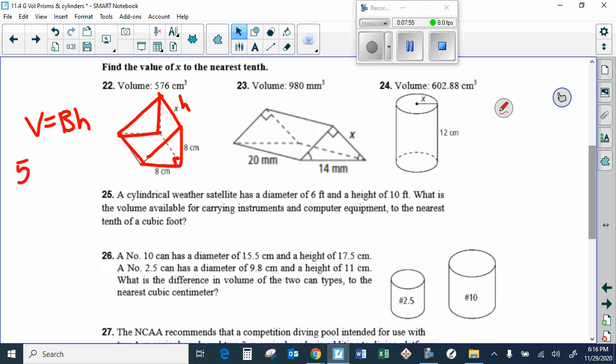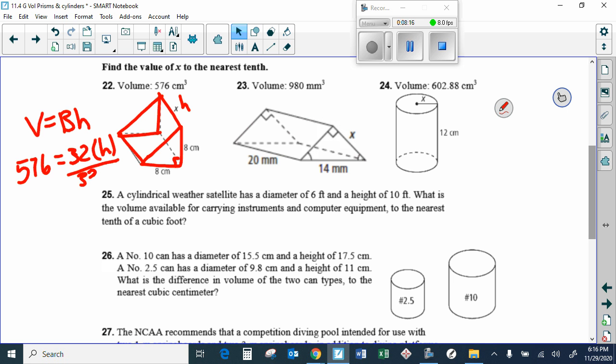So volume, 576. I'm just leaving off the units right now. Area of the base, remember, area of a triangle is 1/2 base times the height. So half of 64 is 32. Oops, 32 times the height. Obviously, we're solving for this height, this x here. I'm just calling it height because that's what the x represents. You can call it x, I don't care.